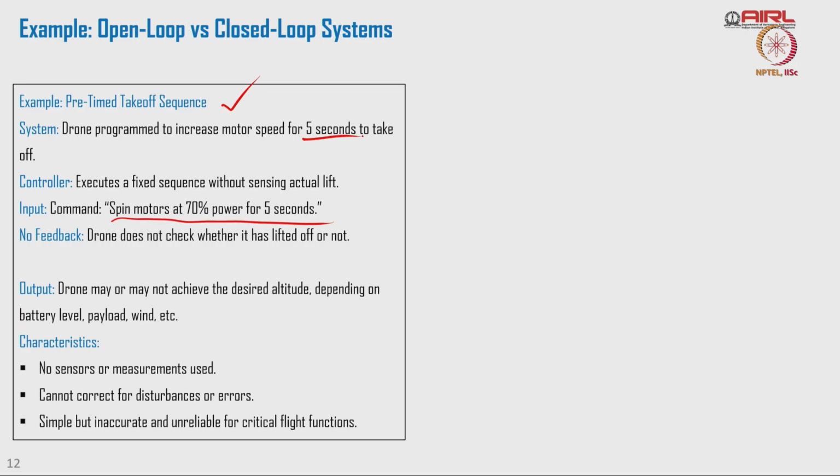That input will come, but we do not have any feedback here. So, the drone cannot check whether it has lifted off or not. The output is that the drone may or may not achieve the desired altitude depending on the battery level, payload, wind. No internal feedback mechanism is there to check all these intricate details.